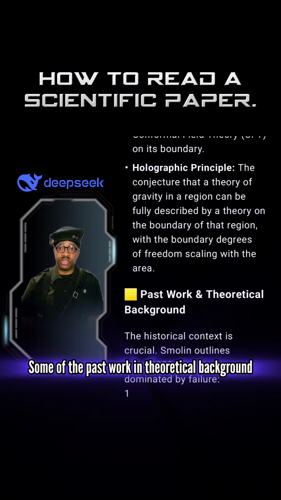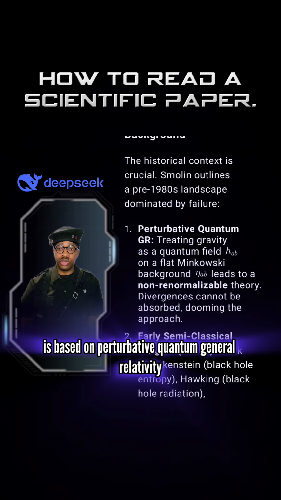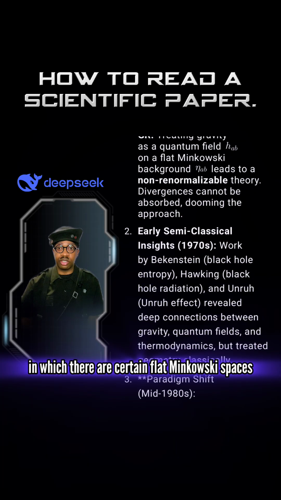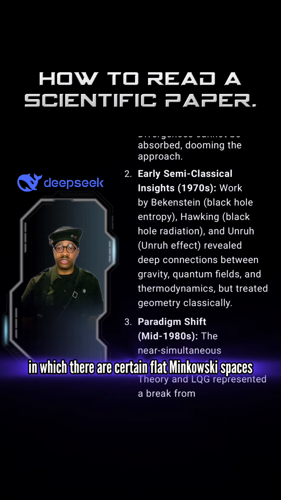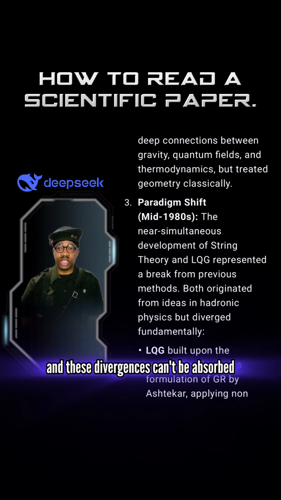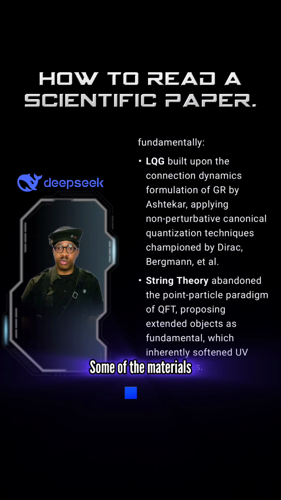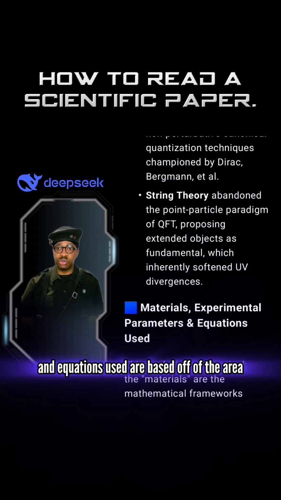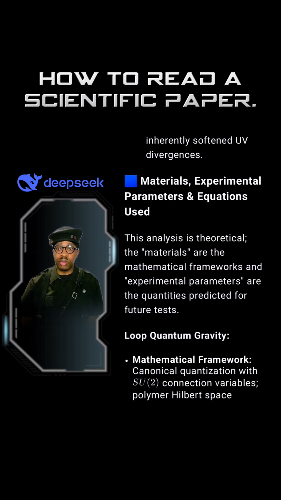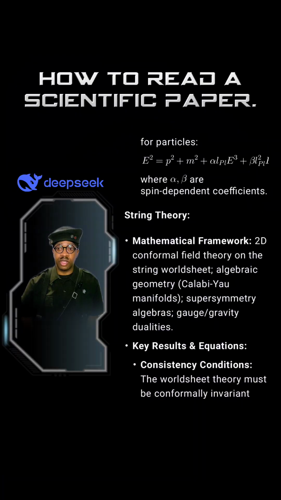Some of the past work and theoretical background is based on perturbative quantum general relativity, in which there are certain flat Minkowski spaces that lead to a non-renormalizable theory, and these divergences can't be absorbed, and this hurts quantum gravity. Some of the materials and equations used are based off of area and volume quantization, black hole entropy, and a modified dispersion relation.